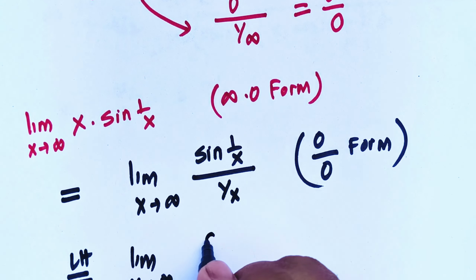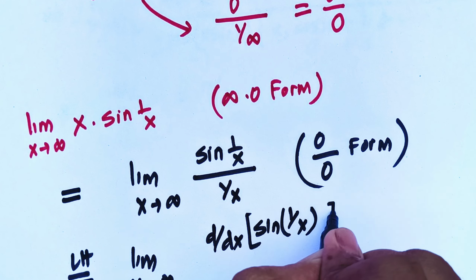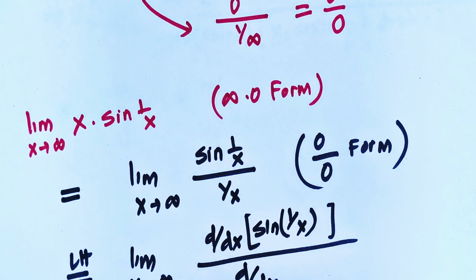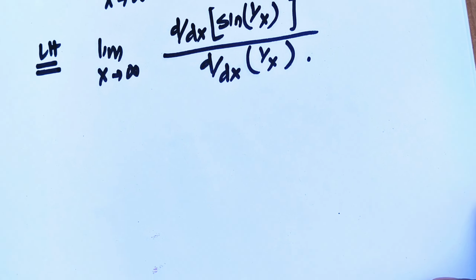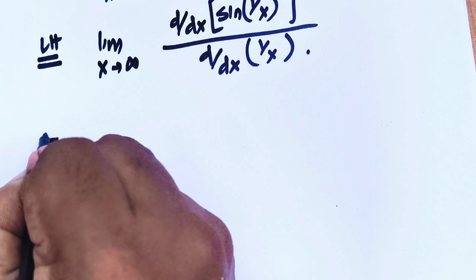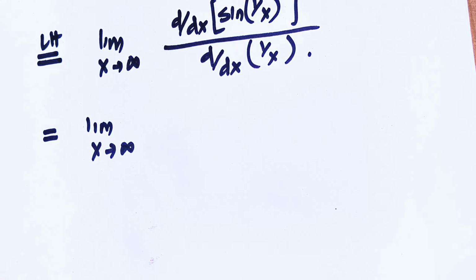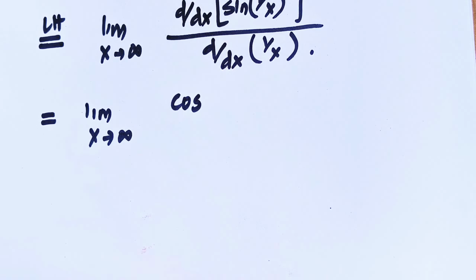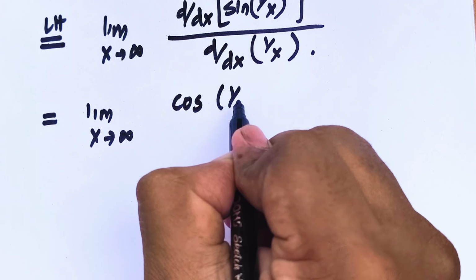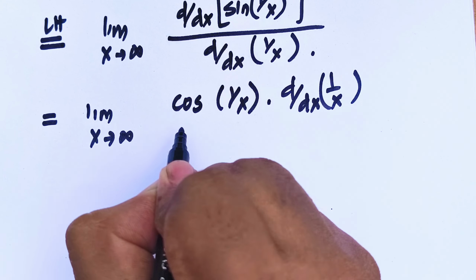Take the derivative of sine 1 over x and the derivative of 1 over x. What does the top become? The derivative of sine 1 over x: the outer function is sine, so the derivative of sine is cosine, keep the inside, then the derivative of 1 over x.